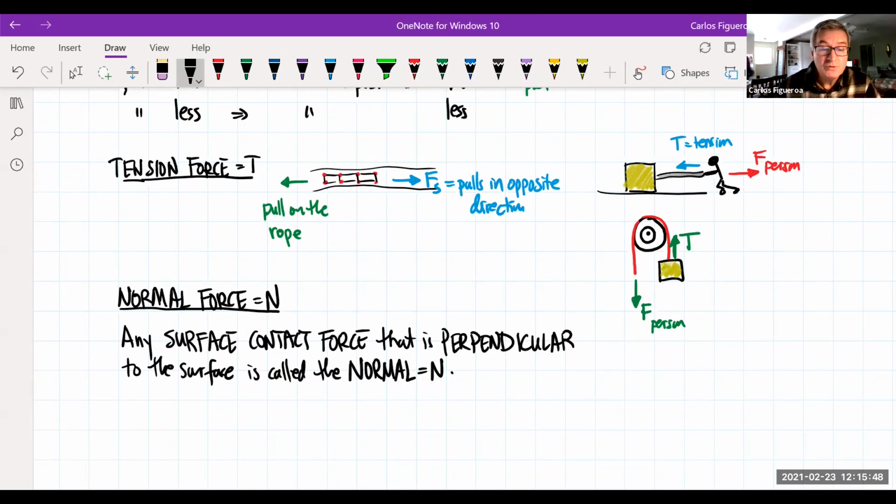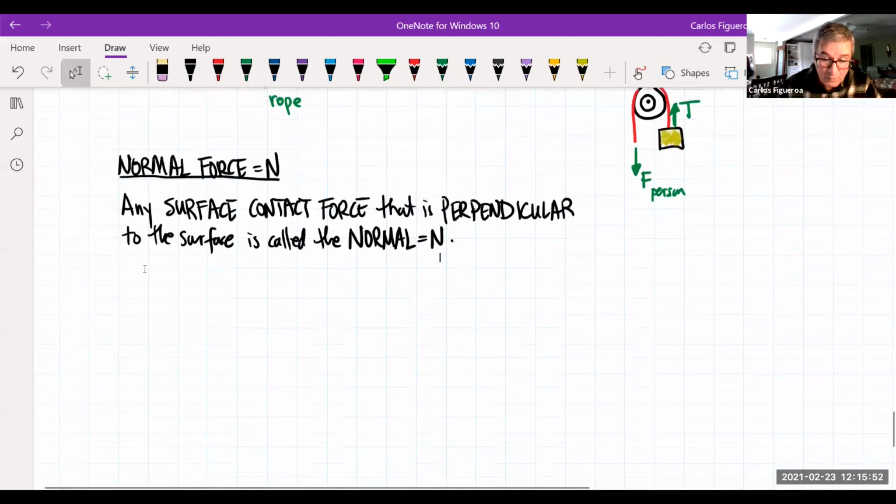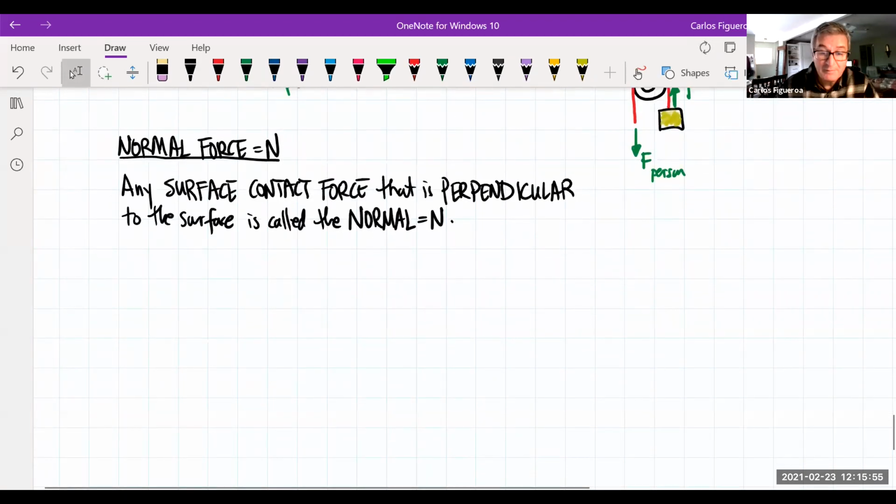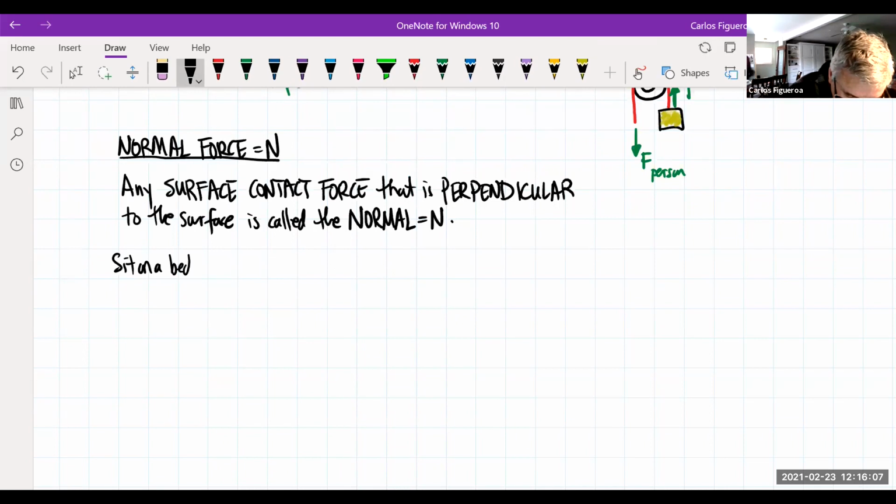So how do I model the normal force here? The picture we want is this: imagine that you sit on a bed, not a bed, but a bed of springs. So if you sit on them, I could model my springs to look something like this.